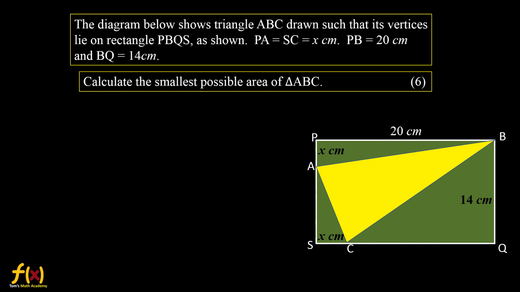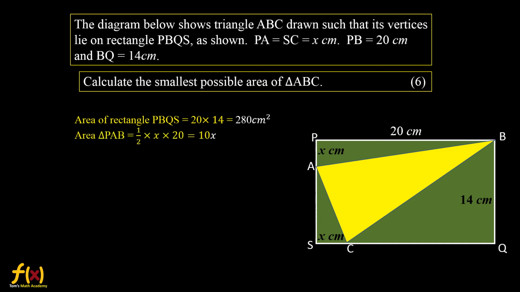Okay, let us start. We start from the area of the rectangle. It's length times breadth, 20 times 14, we get 280. Then area of the first triangle, that is PAB, half times base times height, half times x times 20, we get 10x.